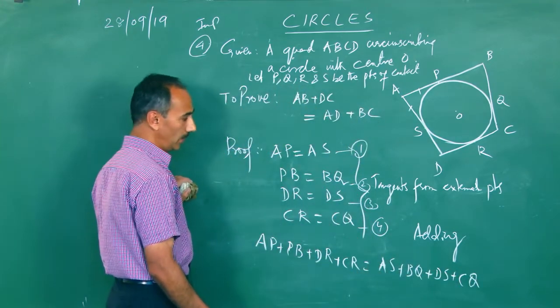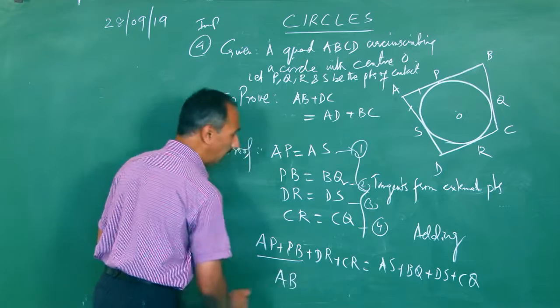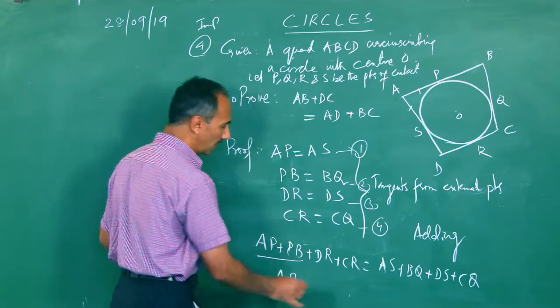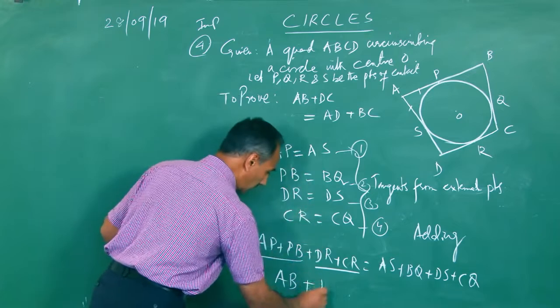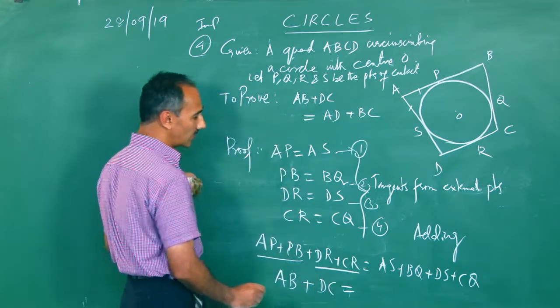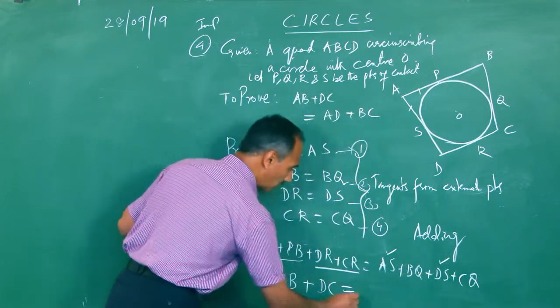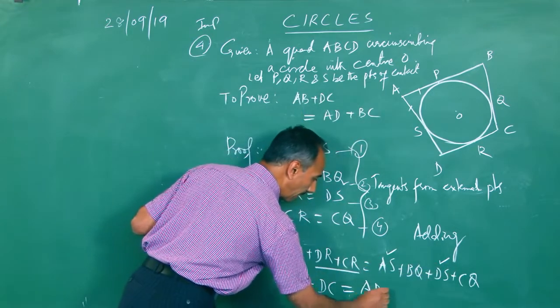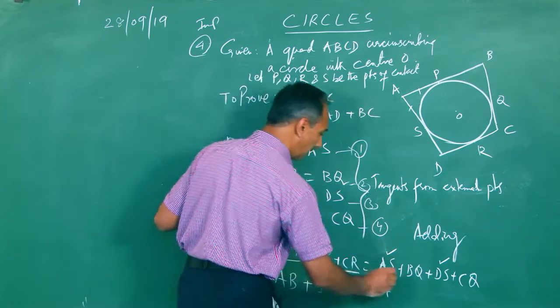AP plus PB in the figure is nothing but AB. So write AB. DR plus CR is your CD, or you could write DC. Both are correct. Now AS plus SD, or DS, that is your AD. And BQ plus QC is your BC.